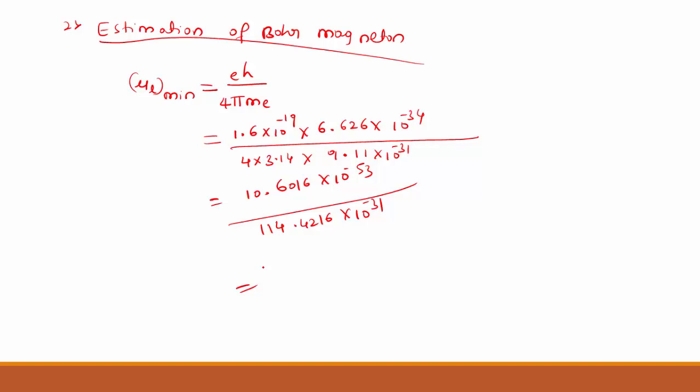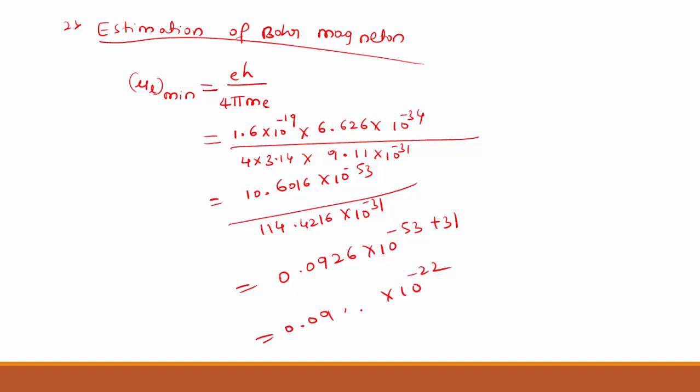10.6016 divided by 114.4216, we get the answer 0.0926 into 10 to the power of minus 53 plus 31, that is 10 to the power of minus 22.